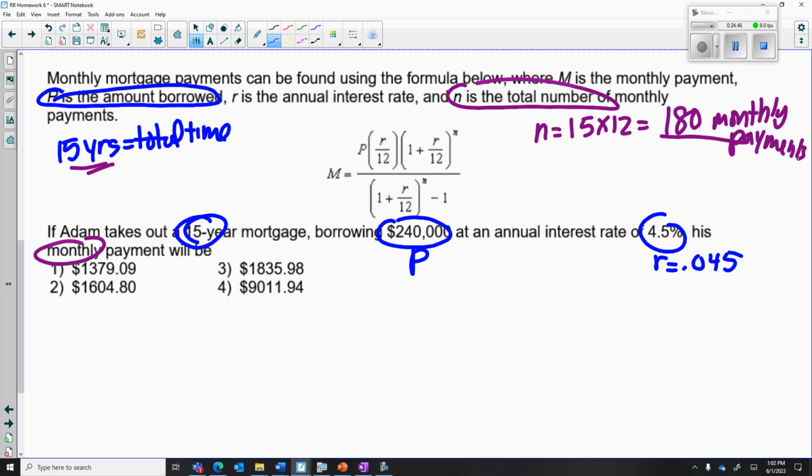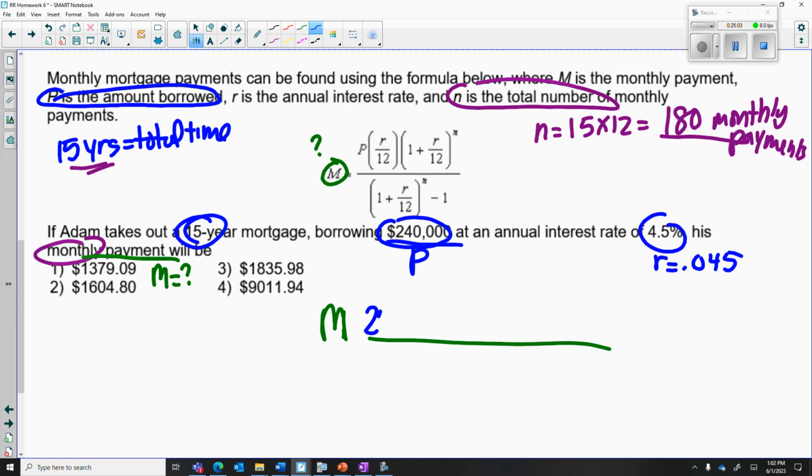So now let's plug in and we're going to solve for M, which is the monthly payment. And they actually just asked you for the monthly payment on this. So they're asking for M. We don't know M, so this is the unknown. So we're going to plug in what we know. The principal amount, or initial amount borrowed, was 240,000. They didn't give me a down payment on this one.